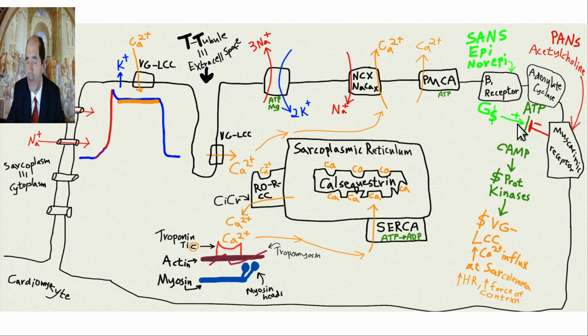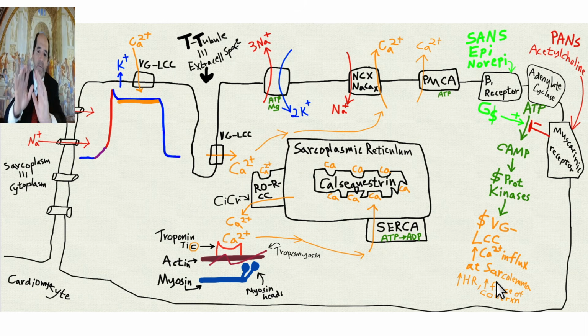And then I drew an arrow here with a positive, meaning it activates a plasma membrane bound, or sarcolemma bound, enzyme here, adenylate cyclase, which will convert ATP into cyclic AMP. And then cyclic AMP will activate protein kinases, and the protein kinases will phosphorylate voltage-gated L-type calcium channels like the one over here, and they're going to cause more influx of calcium into the cardiac muscle cell.